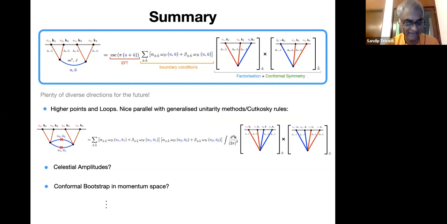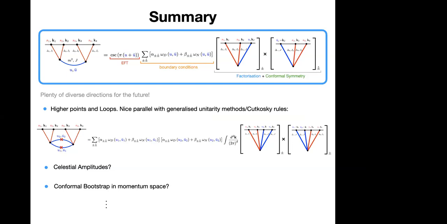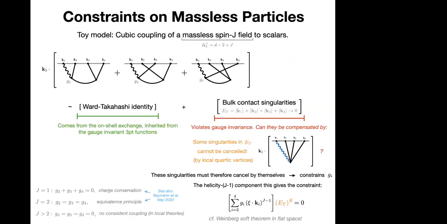Please ask. Yeah, I had a question about this last section. So the statement that the higher spin fields don't interact is really like some de Sitter version of Coleman-Mandula, or what is it?